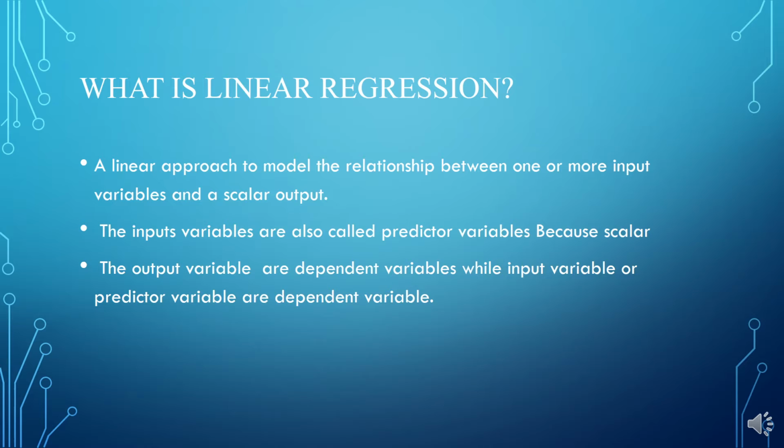The input variables are also called predictor variables because these variables play an important role in predictive analysis. Because the scalar output depends on these predictor variables, output variables are dependent variables while input or predictor variables are independent variables.